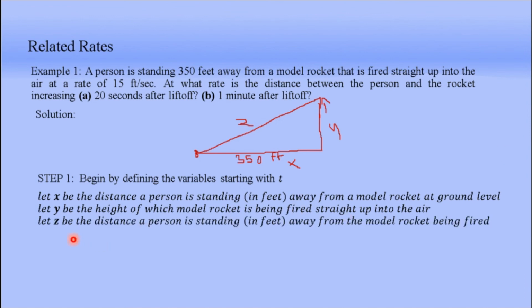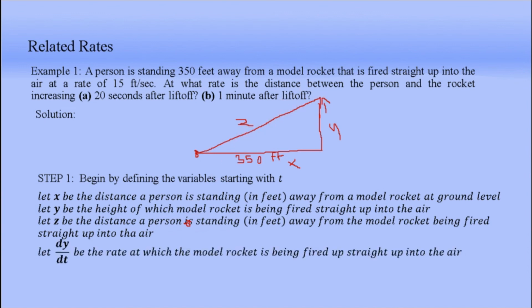And then let x be the distance of a person standing away from the model rocket, being fired straight up into the air. Again, this is x.